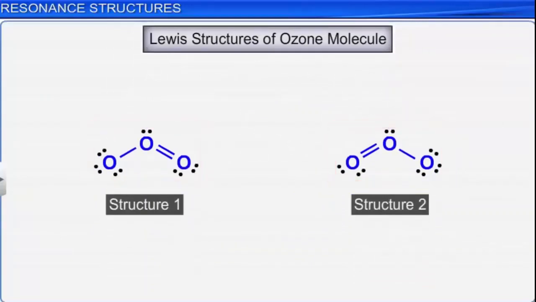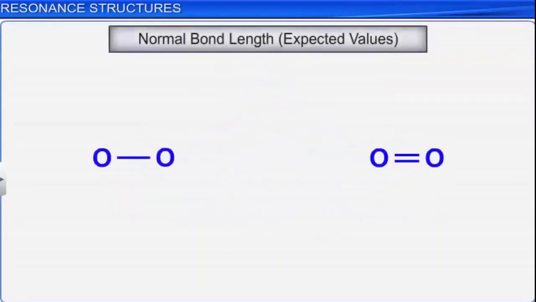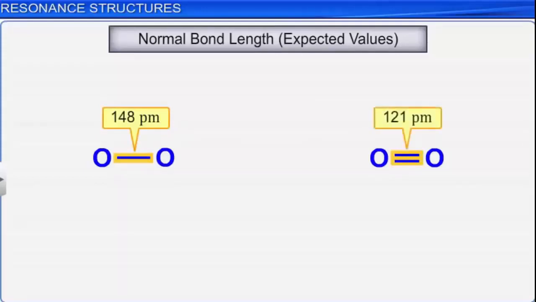In both the structures, one oxygen-oxygen single bond and one oxygen-oxygen double bond is present. These two structures imply that one bond is shorter than the other. The normal bond lengths of oxygen-oxygen single bond and oxygen-oxygen double bond are 148 picometers and 121 picometers respectively.